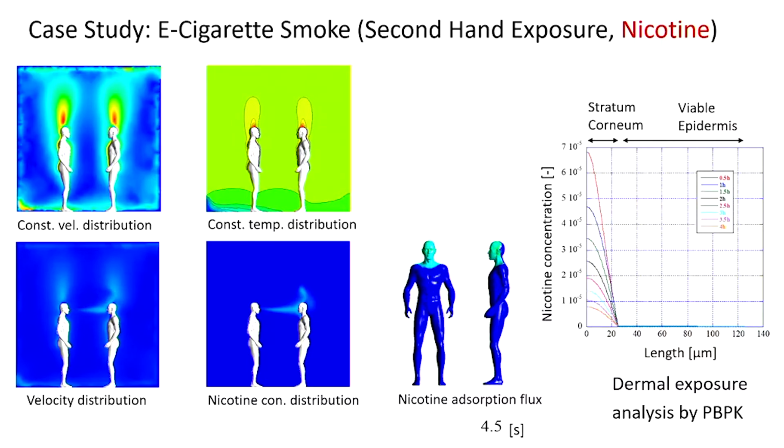But the diffusion coefficient at the stratum corneum layer is extremely small. This means the diffusion resistance is very large, and then the adsorbed nicotine is not effectively transported into the deeper side of the skin. It is just retained at the skin surface.